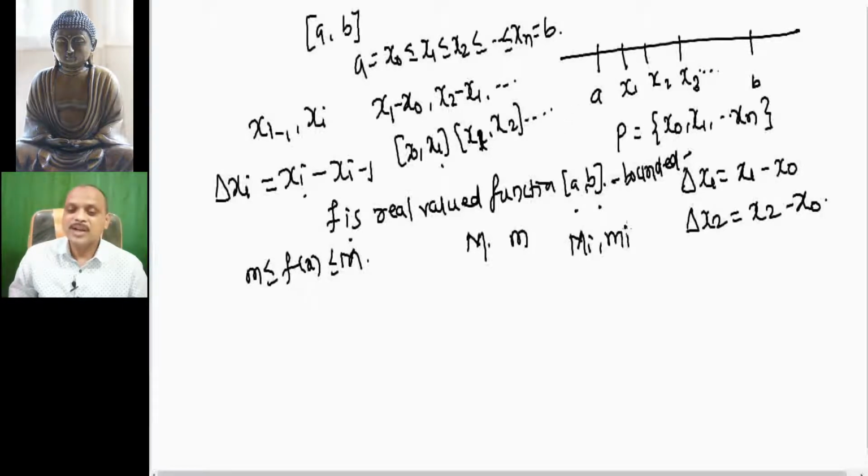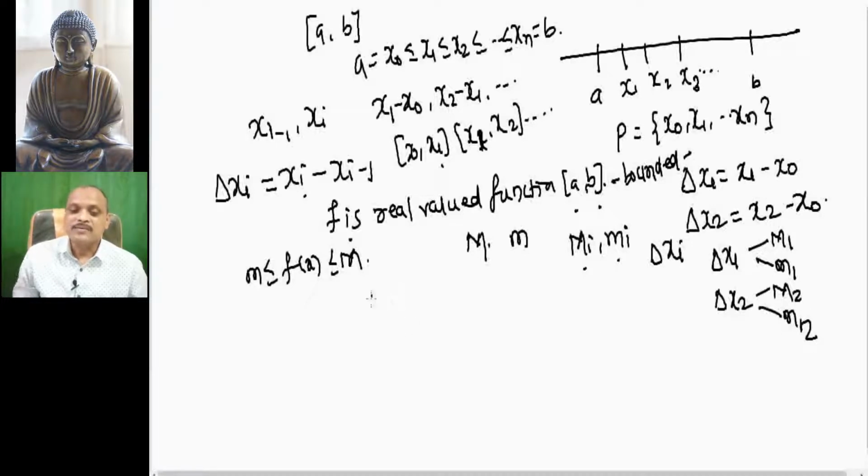Suppose capital Mi and small mi are the supremum and infimum of this function in the interval delta xi. That means in the interval delta x1 the supremum is capital M1 and the infimum is small m1, in delta x2 the supremum is capital M2 and the infimum is small m2.